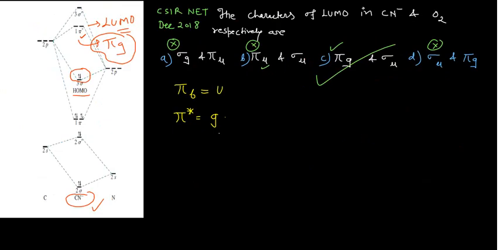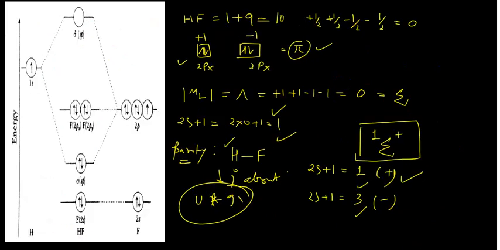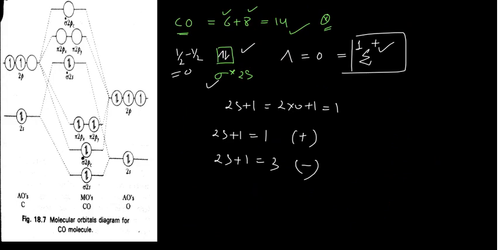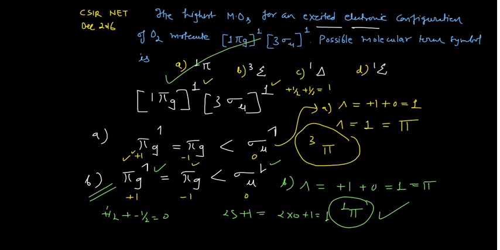This much I have discussed in the first lecture, and then in the second lecture I have explained heteronuclear diatomic molecules, for which I also calculated these molecular term symbols. Okay, this was the case of your carbon monoxide, and this was the CSIR NET problem which I have discussed.